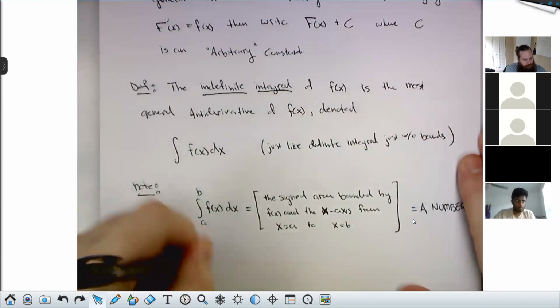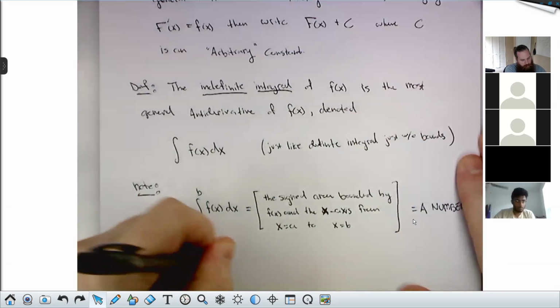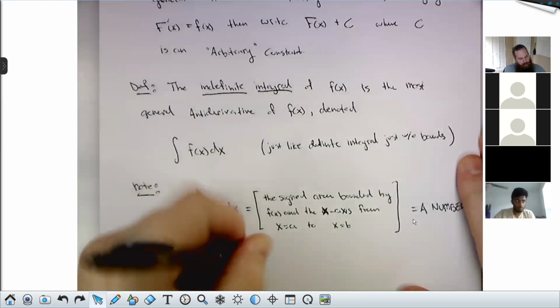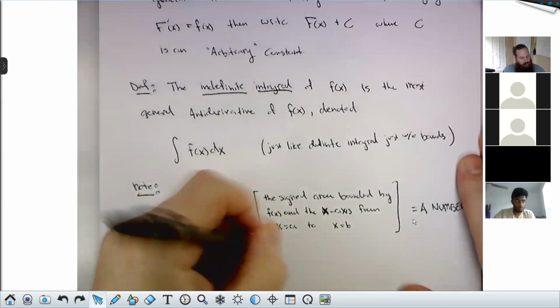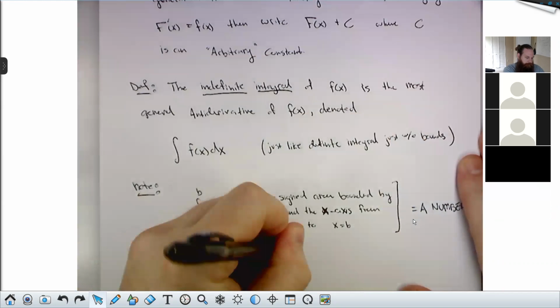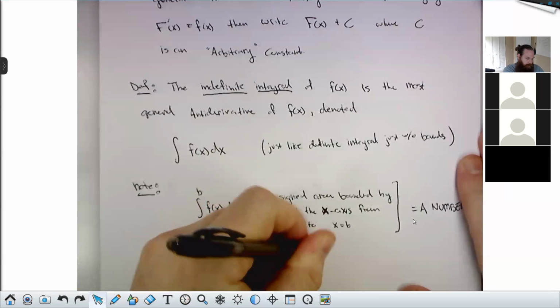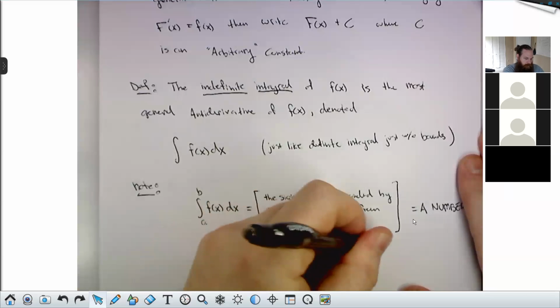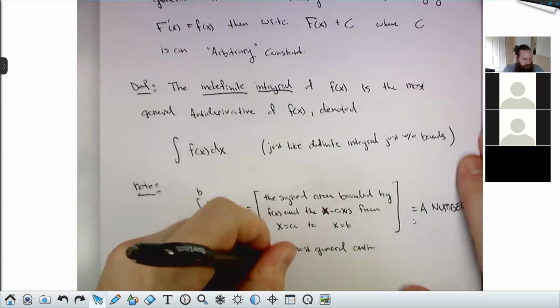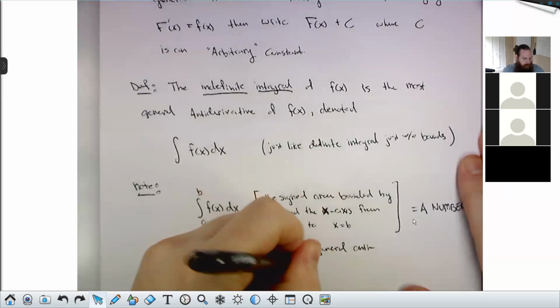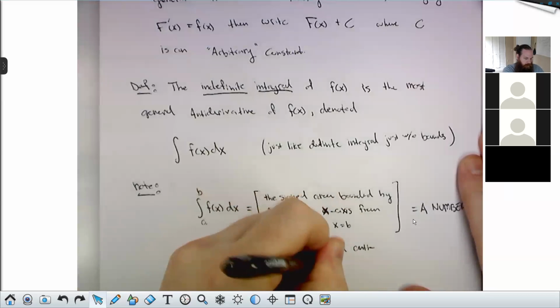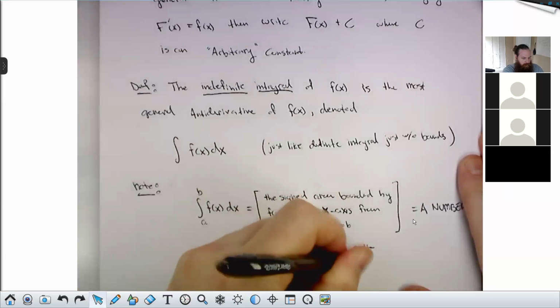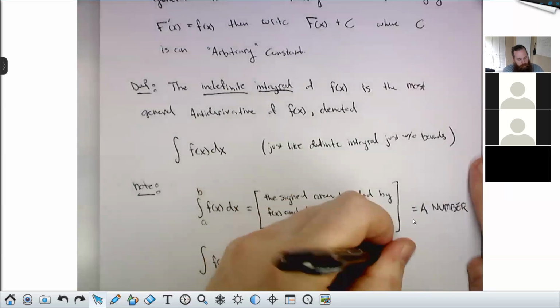Whereas the indefinite integral, this is the most general antiderivative of little f of x, which is a totally different thing.